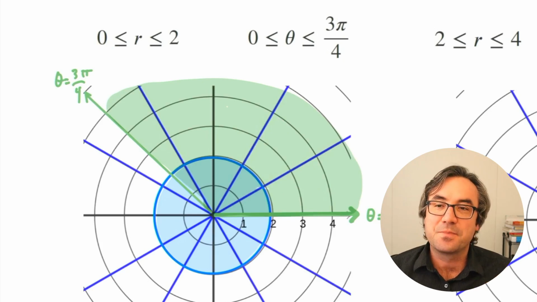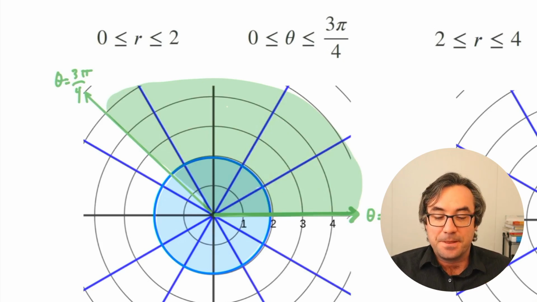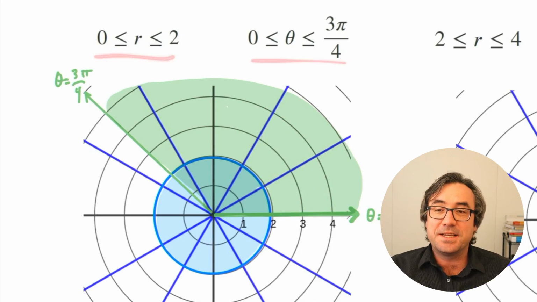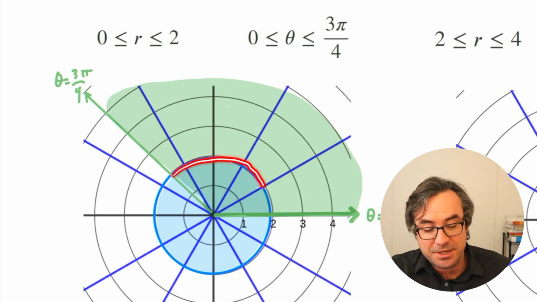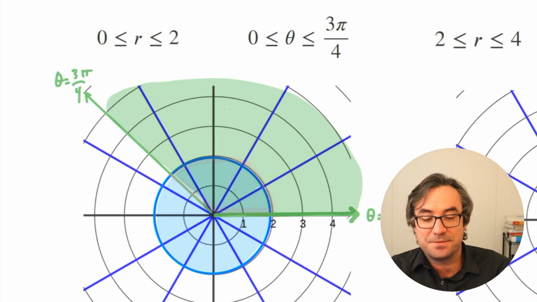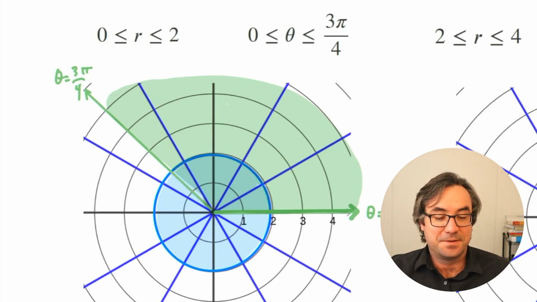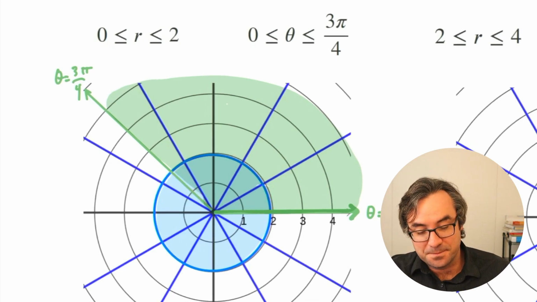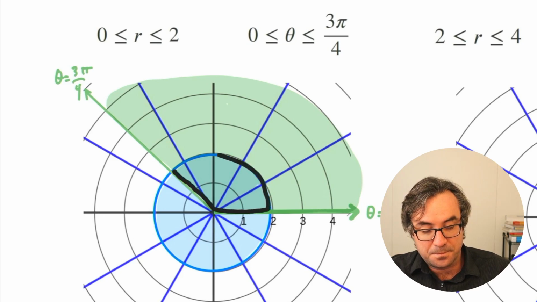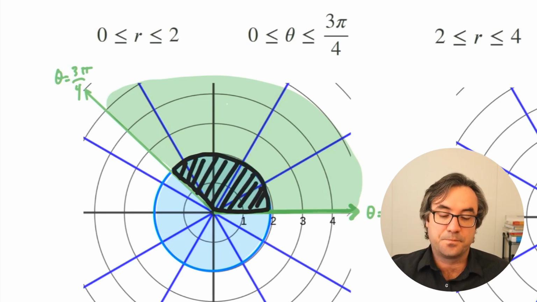Okay, good enough. If we want all the points that satisfy both of these, we're just looking for the intersection. So the intersection is this wedge. So that is our polar region.